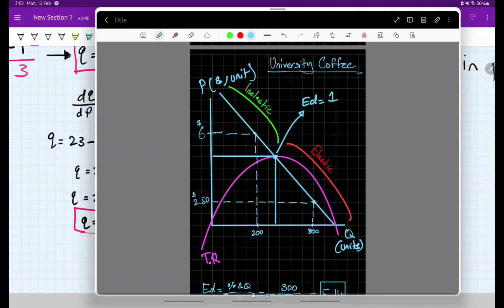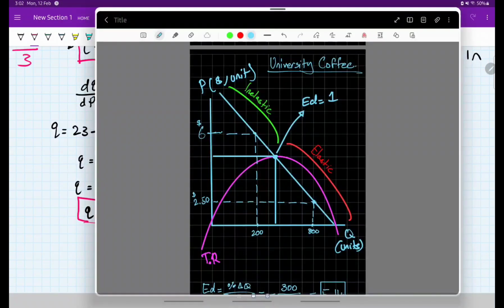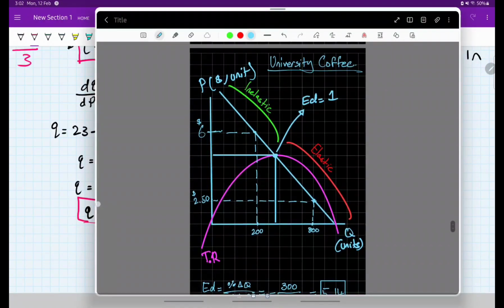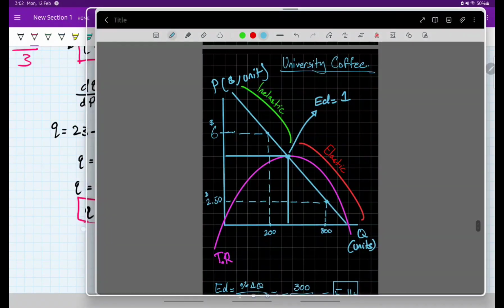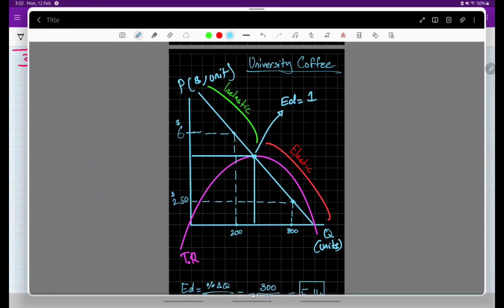So you have $6 with 200 units. 200 units of coffee. Okay. This is not touch friendly. And that after 2 o'clock, that drops down to $2.50 per coffee.